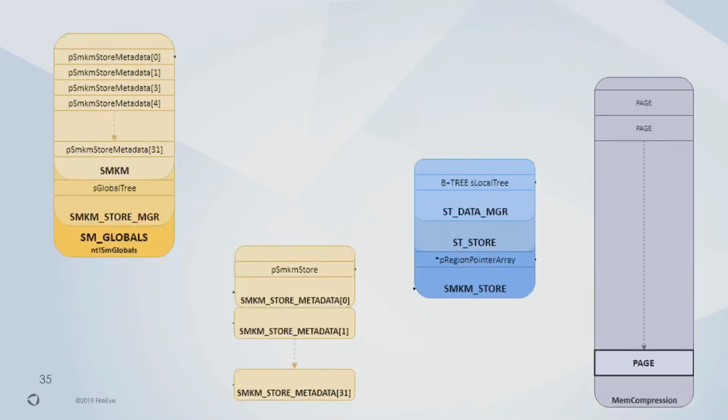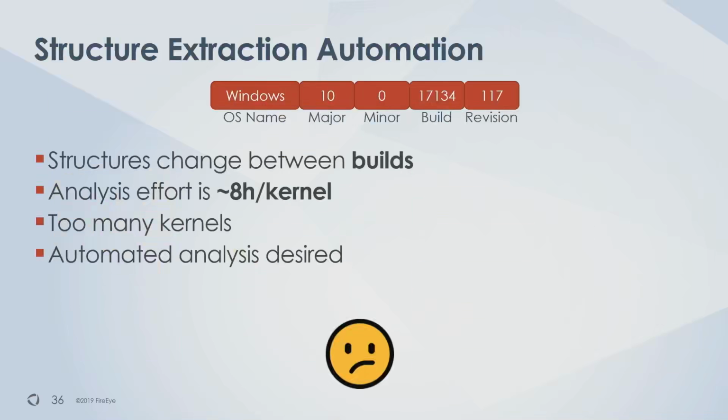So how do we deal with these structures in flux? Well, one option is that we crack open the kernel anytime we want to actually analyze these structures. But is that really enough, doing that every 6 months? Okay, let's break apart a version of Windows now. So over here, I have Windows 10.0. That's the major and minor version.